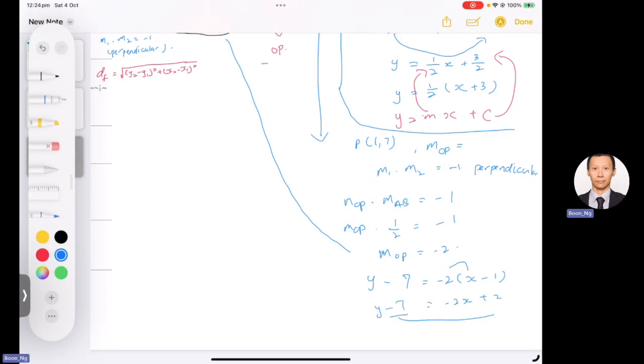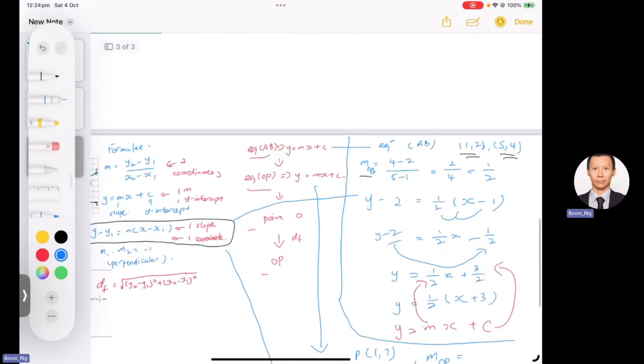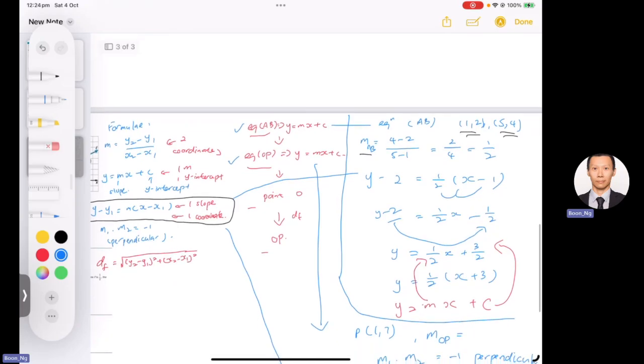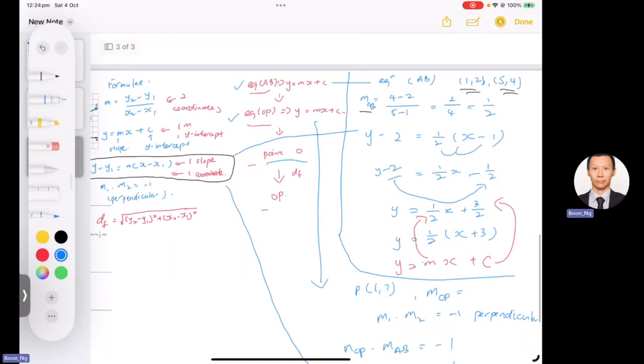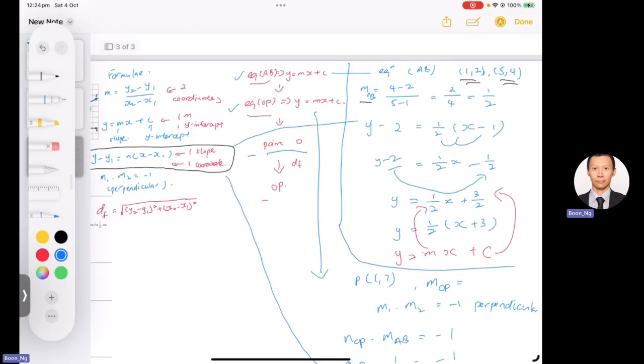Move this to the other side, y equals -2x plus 9. Alright, this is the equation of OP. So once we figure out this equation, the next thing is we need to use these two equations to solve for point O. Okay, so now we have these two equations.